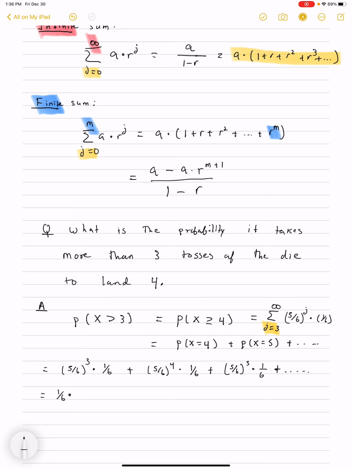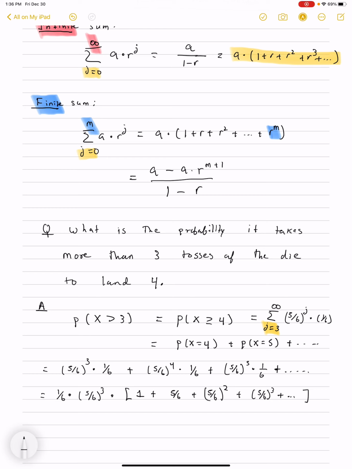I see also that every term has a factor of 5/6 cubed, so I'll take that out. And when I rewrite this, I'll have 1 plus 5/6 plus 5/6 squared. My next term would be 5/6 cubed, and that comes in the ellipses from the previous line, and it keeps going infinitely.